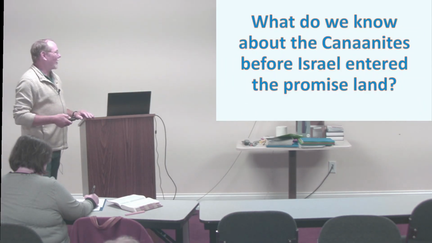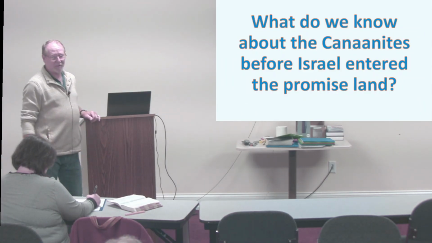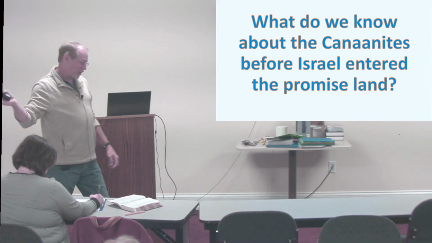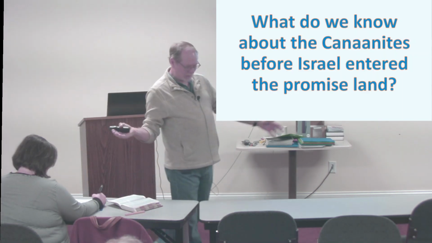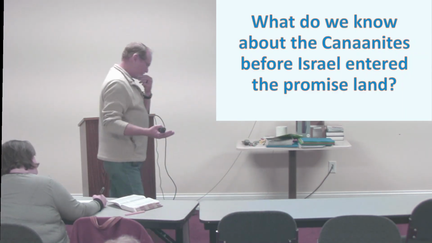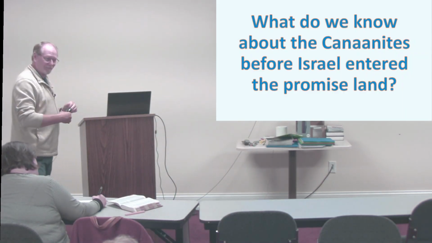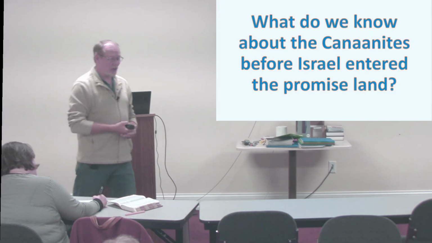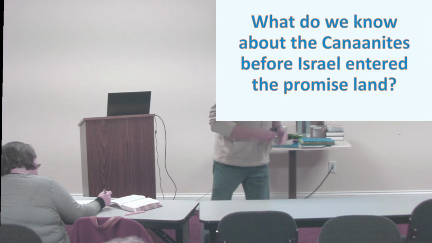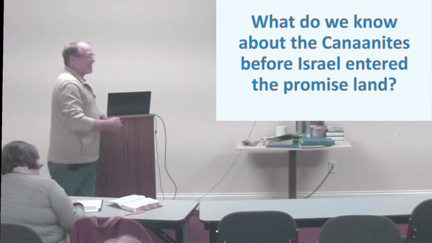So what do we know about the Canaanites before Israel entered the Promised Land? What do we know? They were very welcome to other nations, hospitable. They worship Yahweh. I mean, what? None of the above. What do we know?